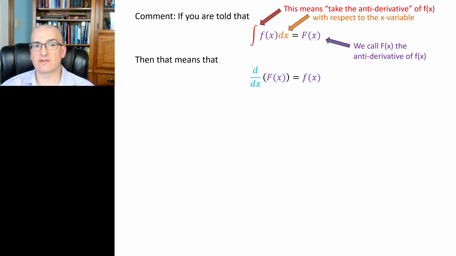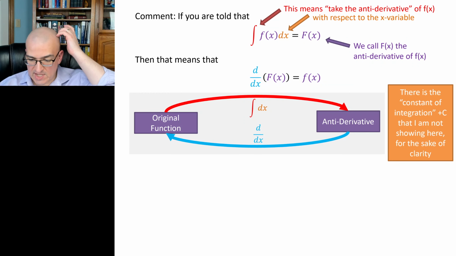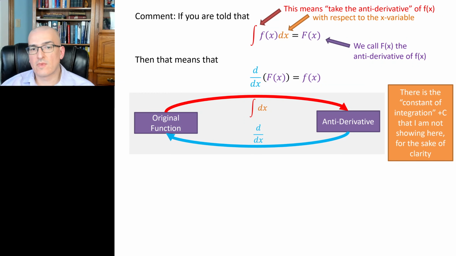That's how we know we did it right. This is kind of like a cycle. We start with an original function. If we take the antiderivative of it, it gives us a new function. Then if we take the derivative of that, it brings us back to the original. And we can keep doing that in a loop.